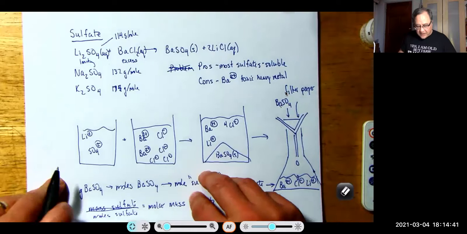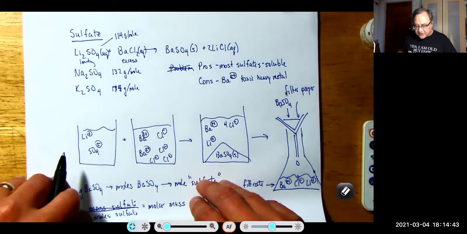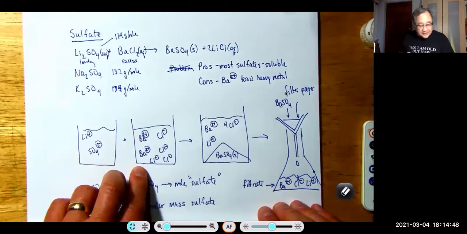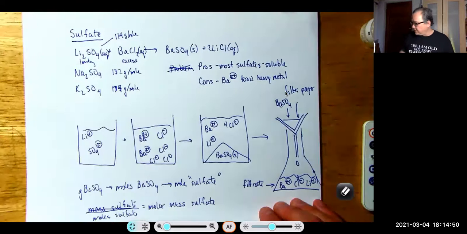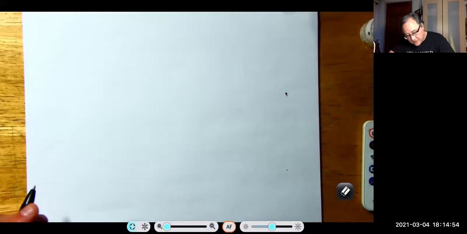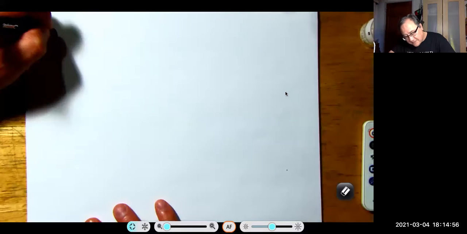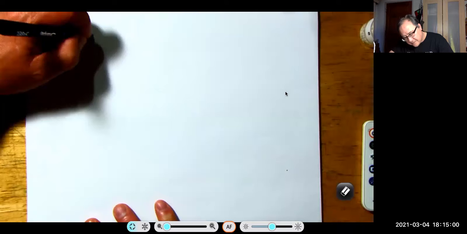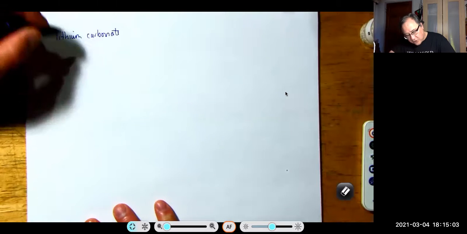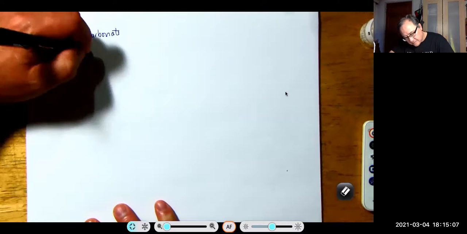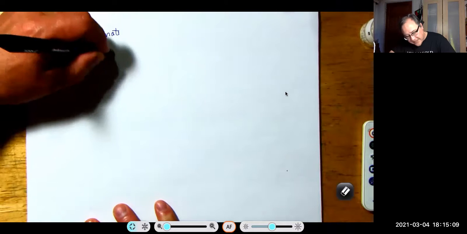So if we're going to be doing this at home and we don't want to work with the toxic heavy metal, we've got to adjust the experiment. So here's the adjustment that was made for your experiment. You will either have lithium carbonate, sodium carbonate, or potassium carbonate.